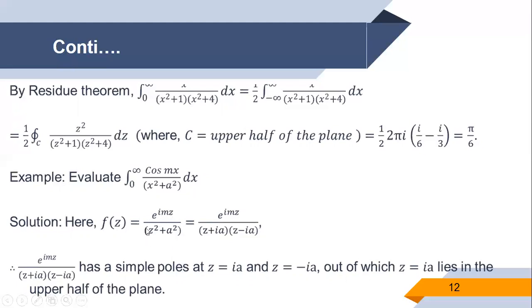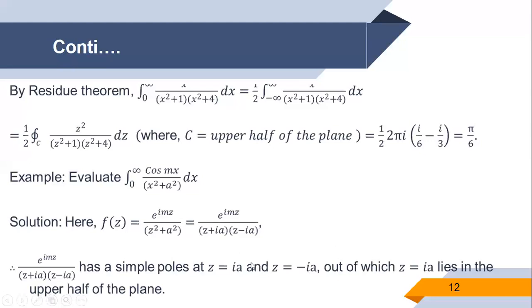This polynomial has the complex factors (z + ia)(z − ia). So e^(imz) upon (z + ia)(z − ia) has simple poles at z = ia and z = −ia.